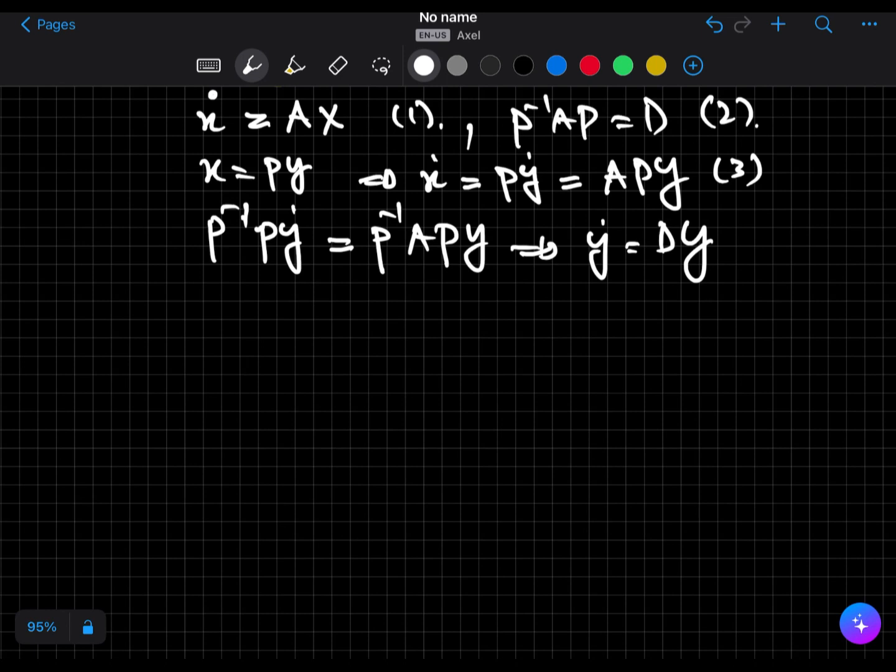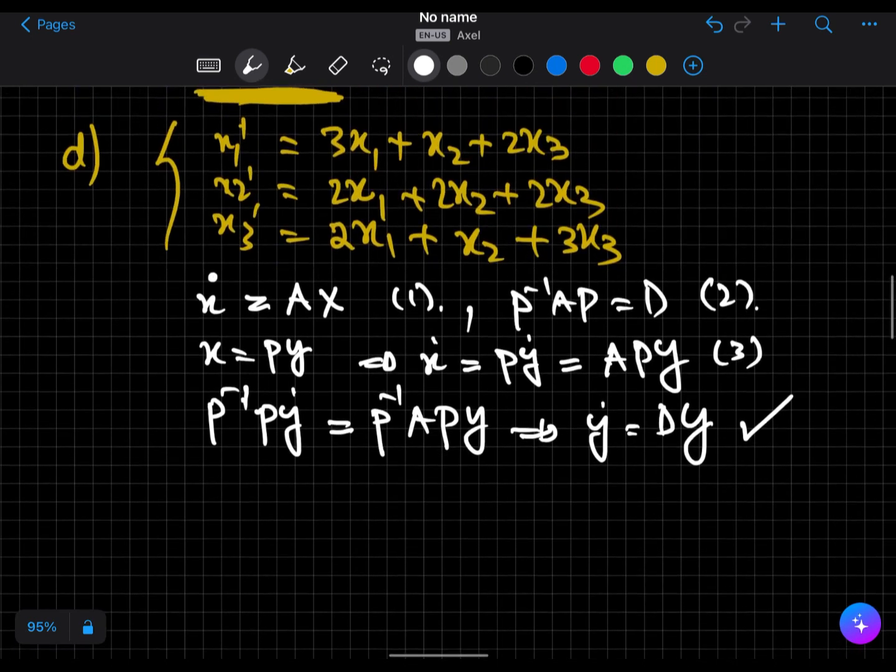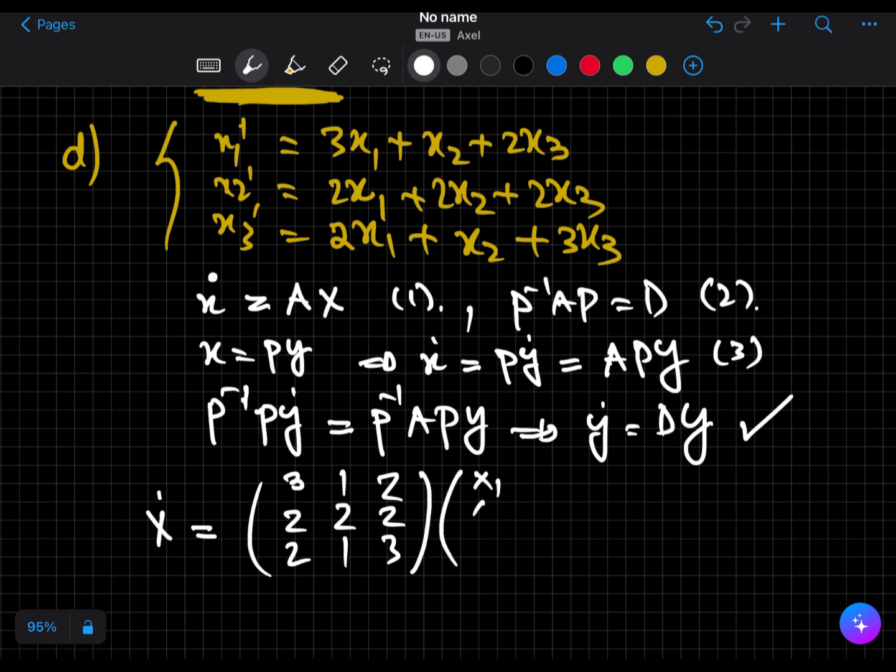Now, we can see that this is a first order differential equation. My system is x dot equals the matrix with rows (3, 1, 2), (2, 2, 2), (2, 1, 3), times x1, x2, x3.